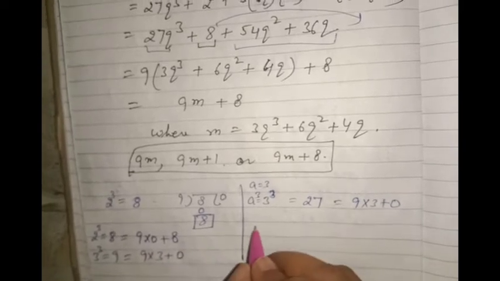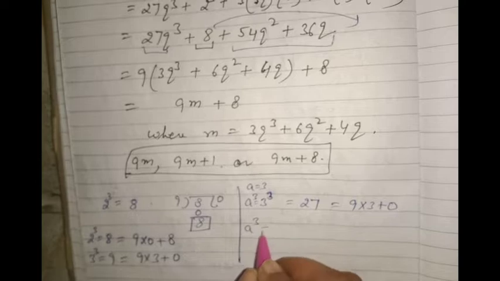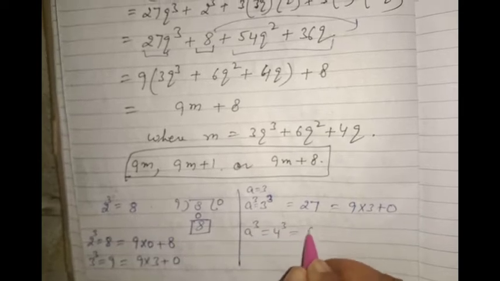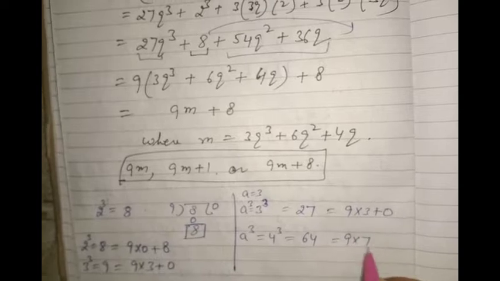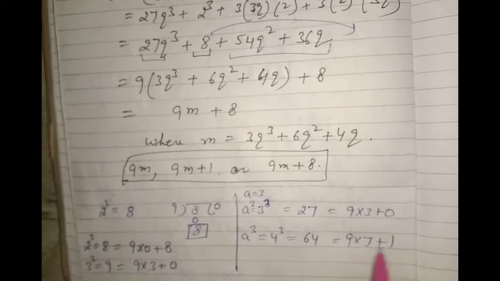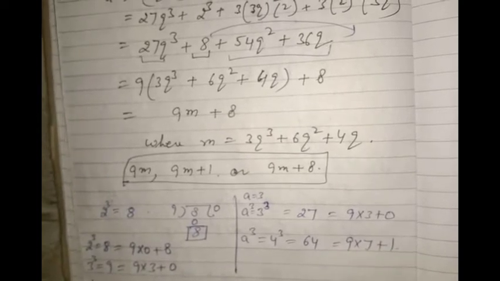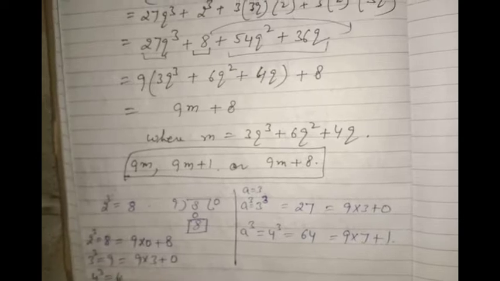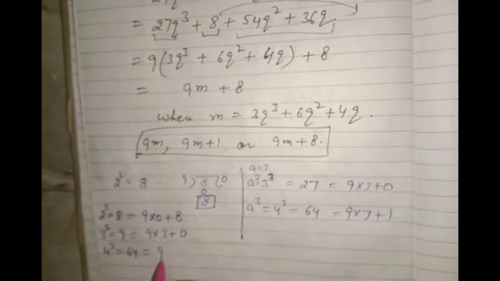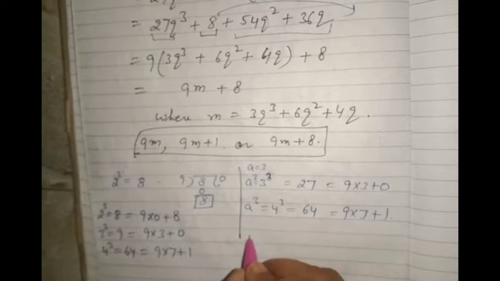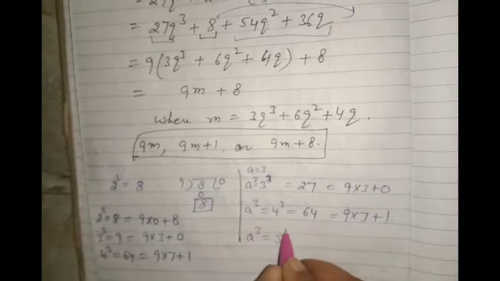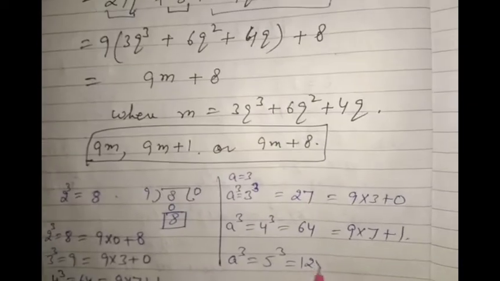And one more example, suppose I am taking 4 cube, which is 64. So 64 can be written as 9 times 7 plus 1, that is 63 plus 1. One more example, suppose I take 5 cube, which is 125.